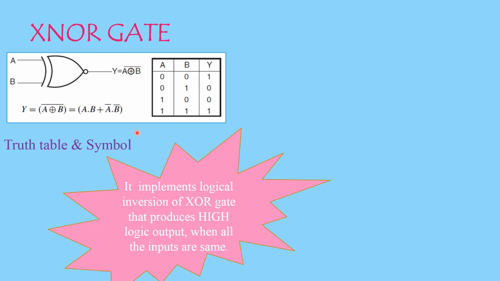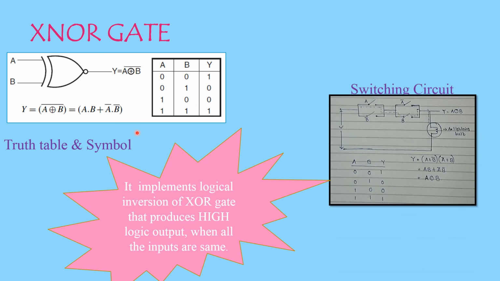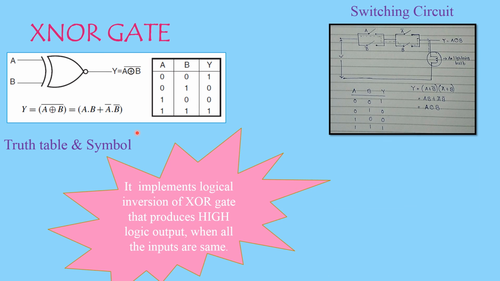Even this I could explain with your electrical switching circuit, having the same arrangement wherein the assumptions I have made for the switches are different. Look at this. You will have an output only when you have AB and A bar B bar. In other words, only when those switches are closed, you will have a high output.